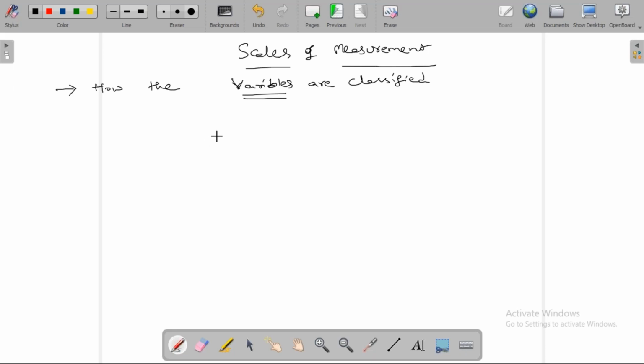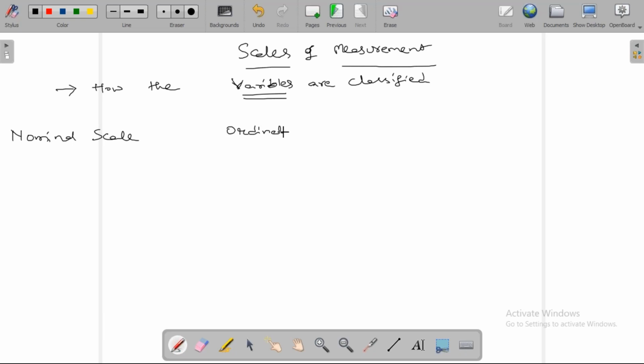So first is nominal scale, and next is ordinal scale, and next is interval scale, and finally ratio scale.